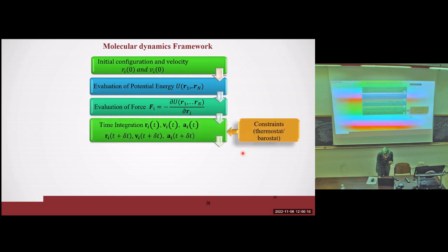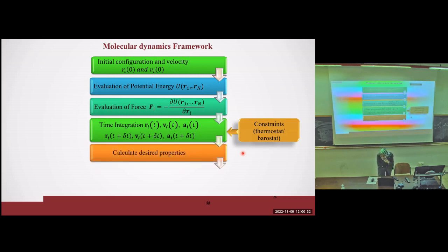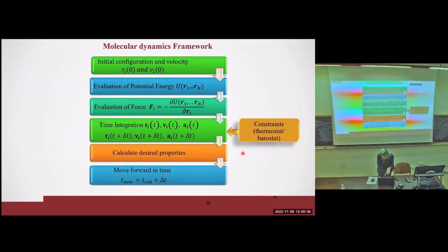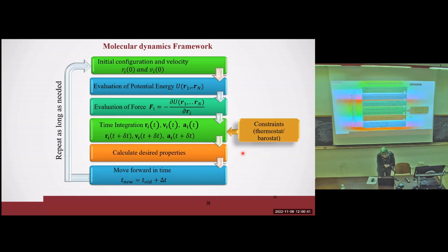From that, we have the initial velocity, the initial configuration, the initial acceleration, and with integration terms, we go forward to a further step. In this step, if we have any constraint, we should apply it in the time integration. Then we calculate the desired properties, which we should explain at this point, and then we move forward in time. And this procedure is repeated until we reach the desired properties that we want.